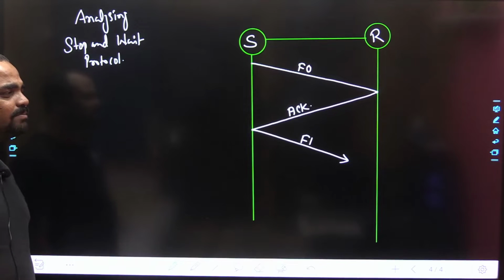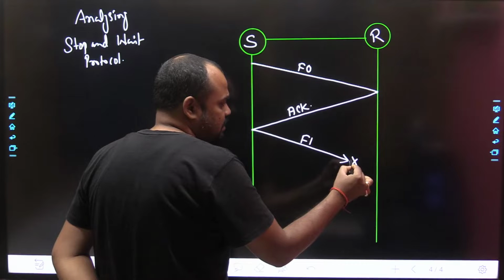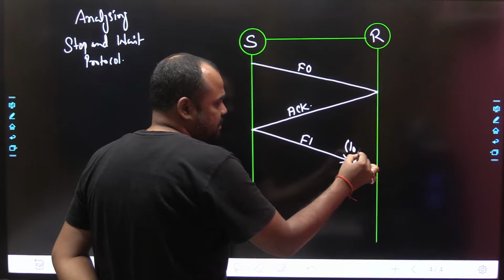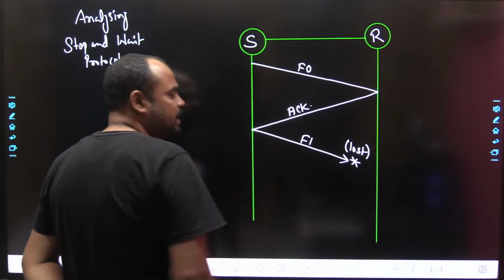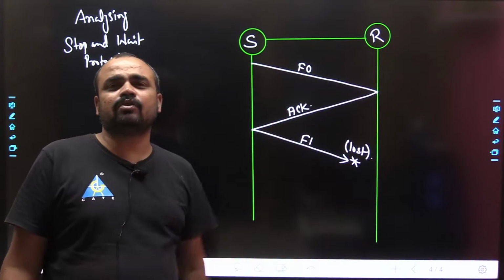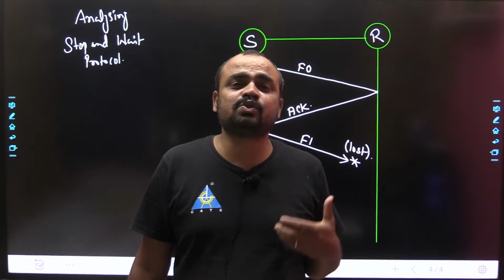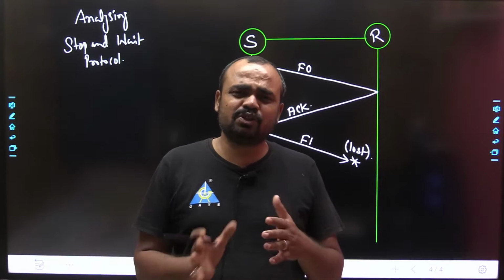So my dear friends, suppose this particular frame F1 is lost in between the network. This is representing lost. So what will happen? How much time does the sender have to wait for the acknowledgement? It should be limited.